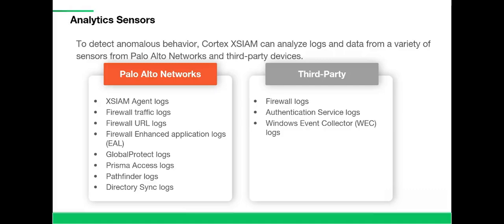But it is also very important to be collecting logs from third-party systems, third-party firewalls, authentication services like IAM solutions: Okta, Ping Federate, Azure AD, etc. Windows event logs that collect logs from Windows servers, and many other logs from third-party solutions. This will be very, very important.